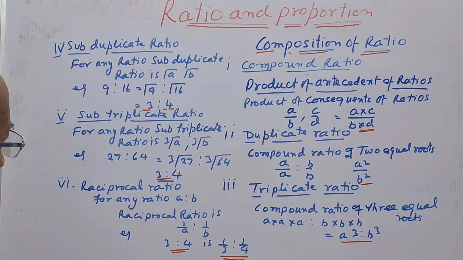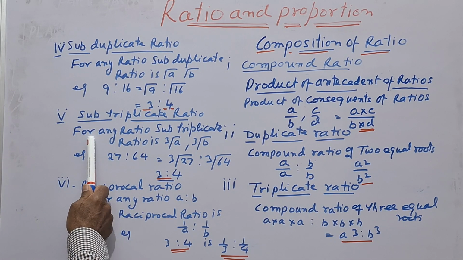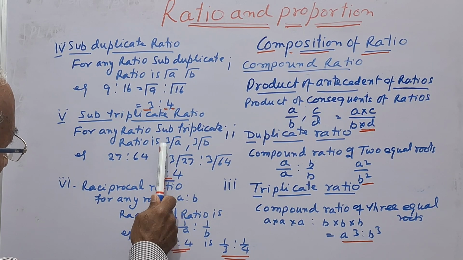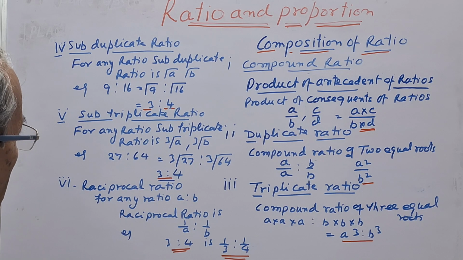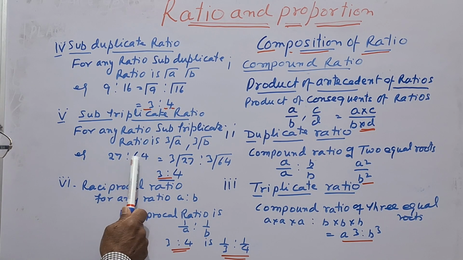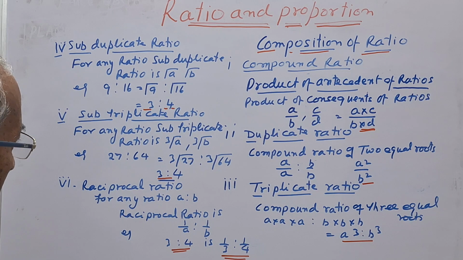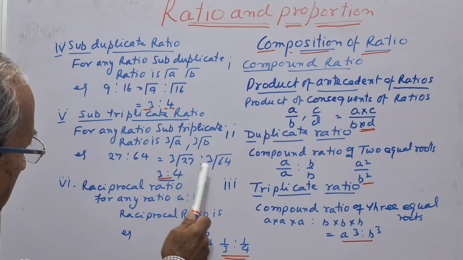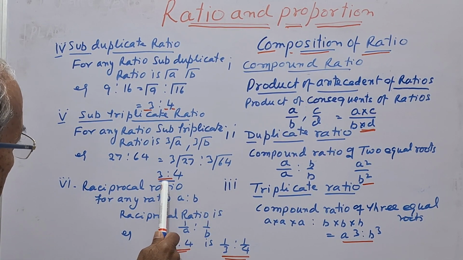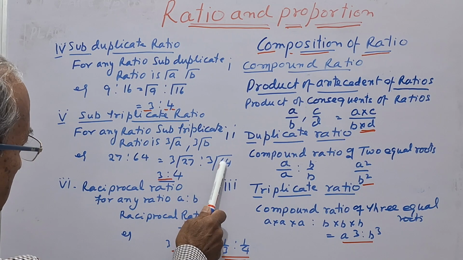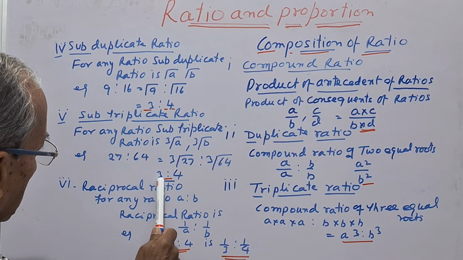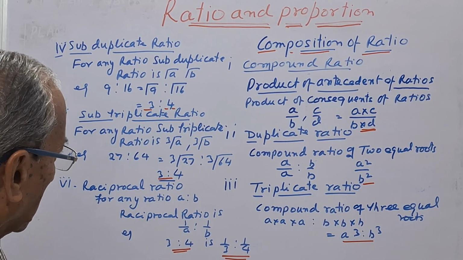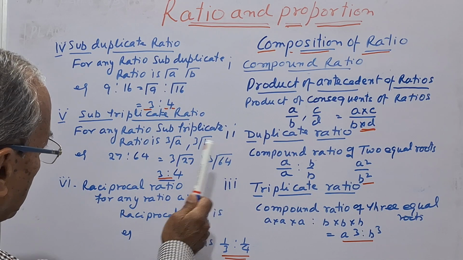Now fifth is subtriplicate ratio. For any ratio A:B, the subtriplicate ratio is cube root of A to cube root of B. Suppose 27 and 64 is the ratio, then the subtriplicate ratio is cube root of 27 to cube root of 64.